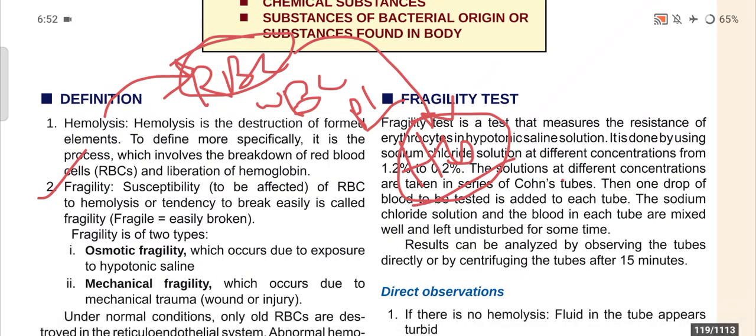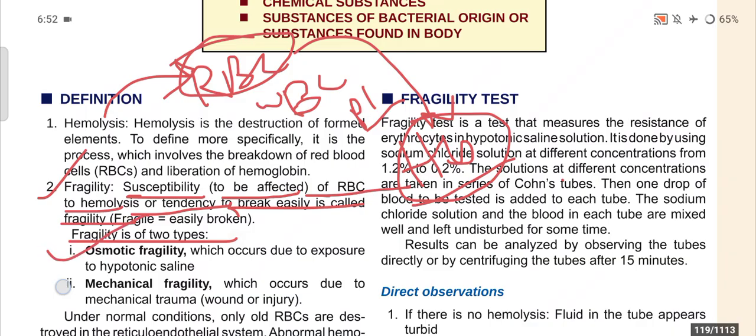Now second point, that is fragility. Fragility is the susceptibility of RBC to hemolysis, or the tendency to break easily. Fragility means actually the broken tendency. And fragility is of two types.